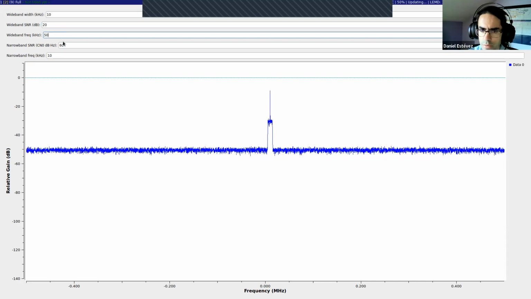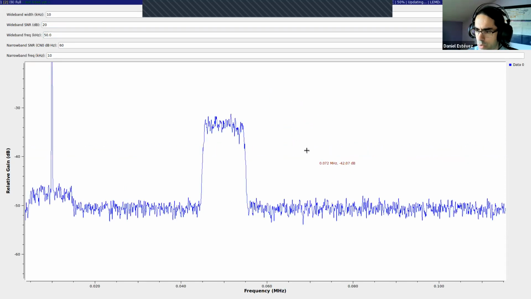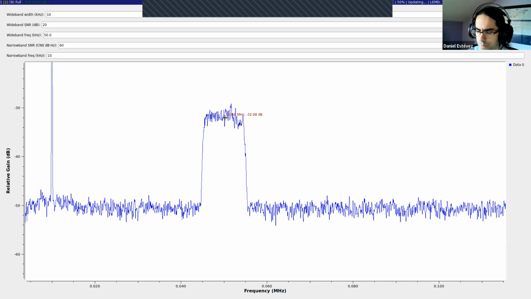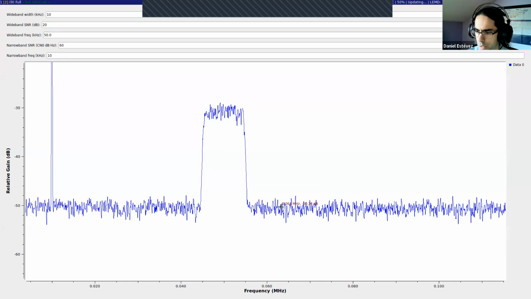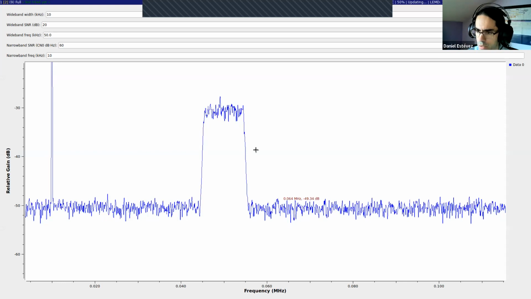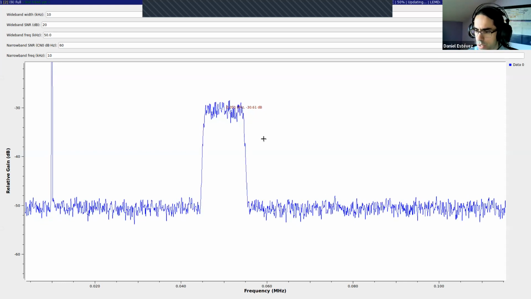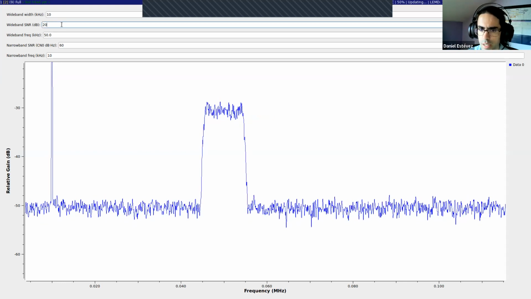So frequency 50 kilohertz, for example. Now the noise is here. We can measure, and the difference is minus 50, minus 30. So the difference is 20 dBs, as we have here.